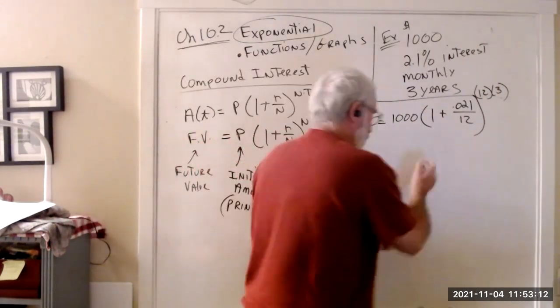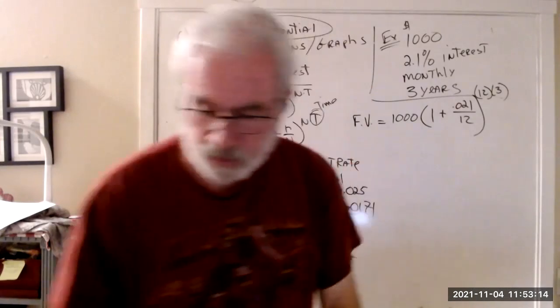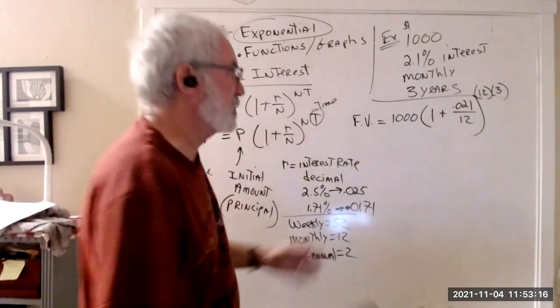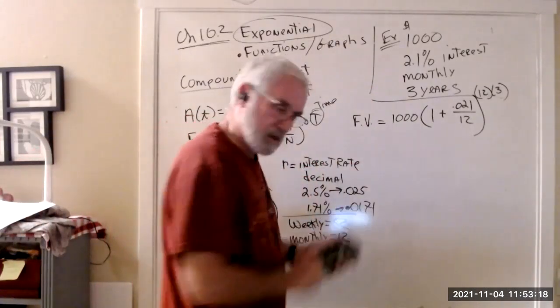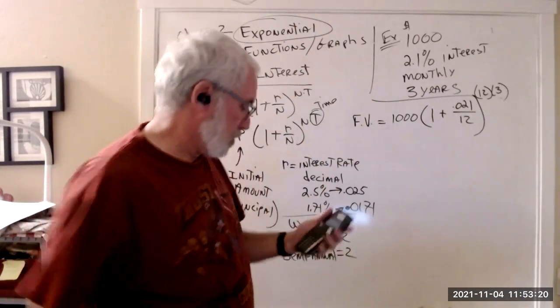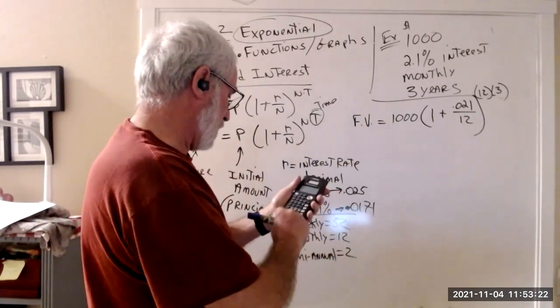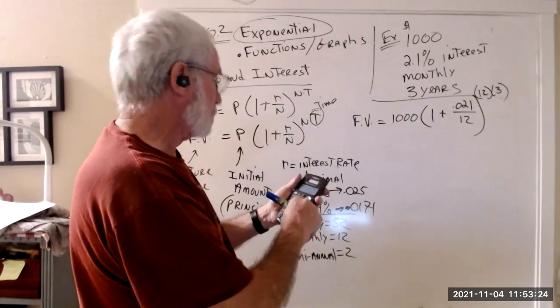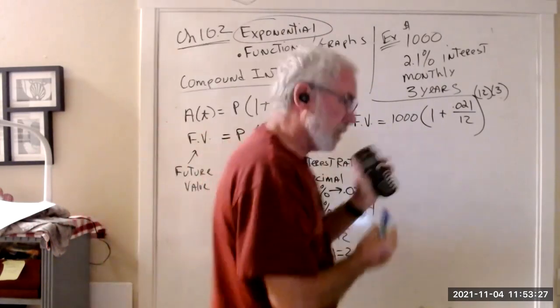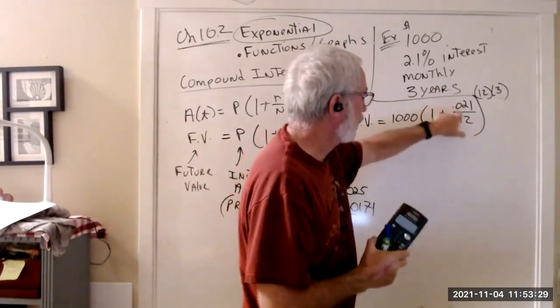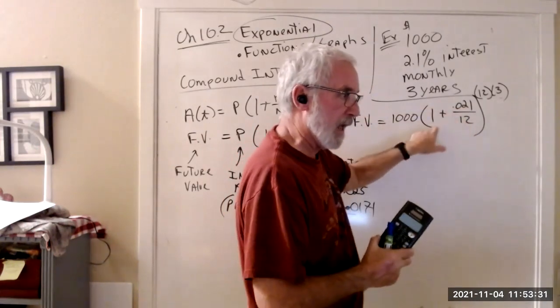So all of the rest of this is now done on your calculator. What do I have? Clear. On my calculator, I start with 0.021 divided by 12, add 1.